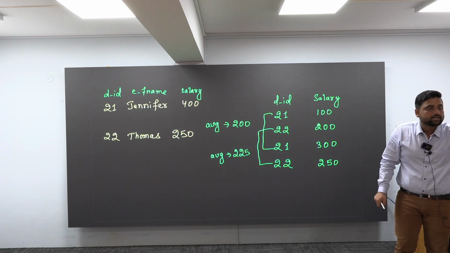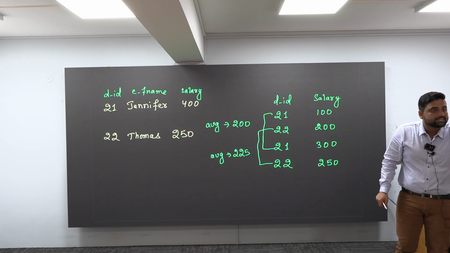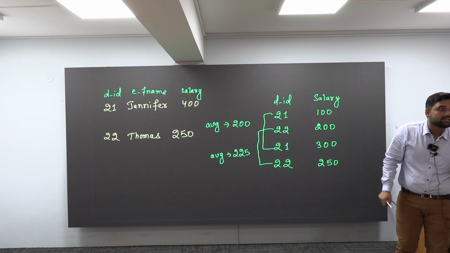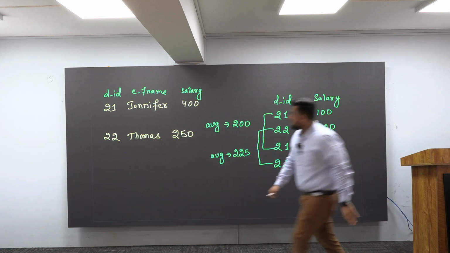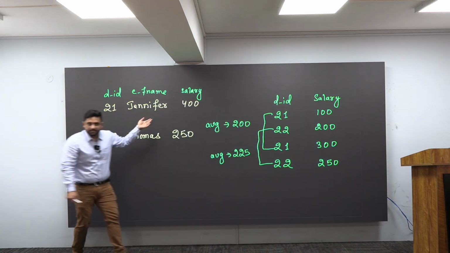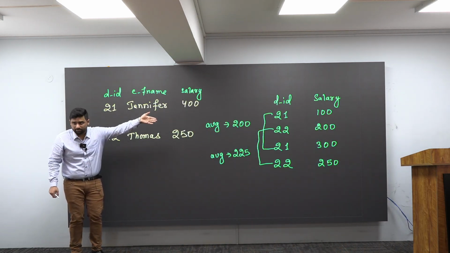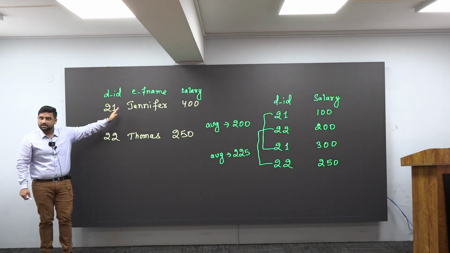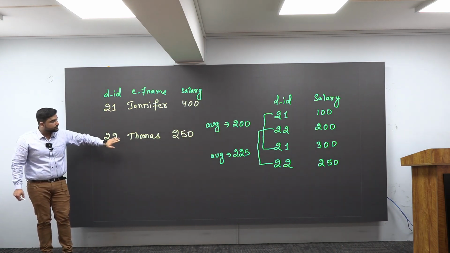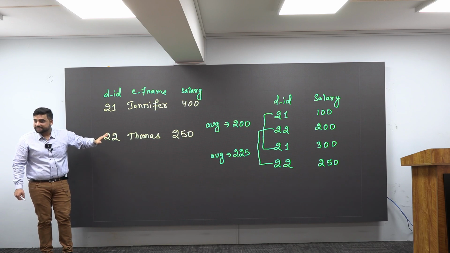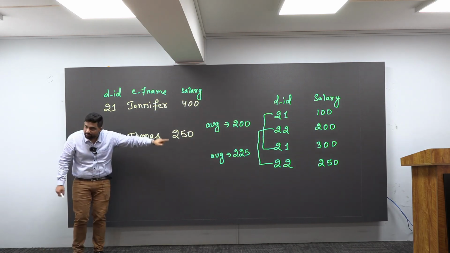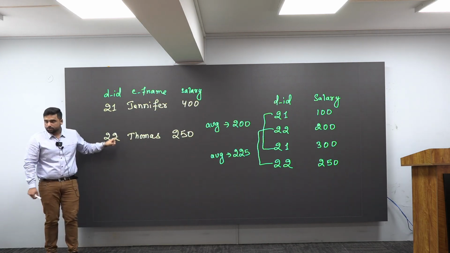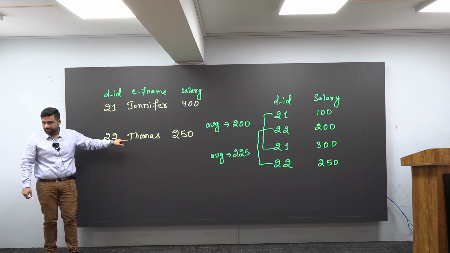We have to find such employees who are earning more than the average salary of their department. It means Jennifer is earning more than the average salary of her department, so Jennifer should be in the result. Again, Thomas is earning more than the average salary of his department, which is 22, so Thomas should be in the result.